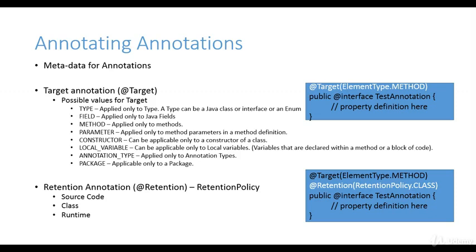In the example on the right, if we want to retain the test annotation information till the class file, I use RetentionPolicy.CLASS. So this is the way we can set the retention policy for an annotation.